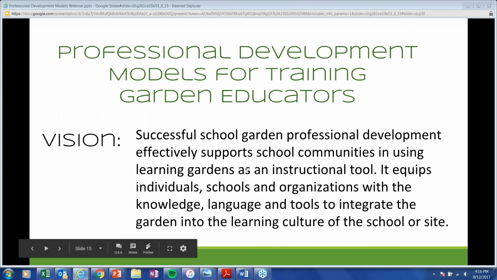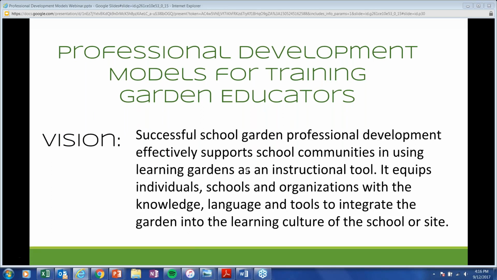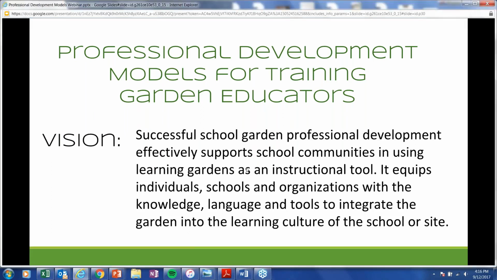So to start the work, I just wanted to frame a little bit about where it came from. I know Stephanie mentioned that in December of last year, we came together for the Leadership Institute, and my cohort was tasked with really looking at all of the different models for training garden educators that are out there, what they are, putting them into buckets, seeing what similarities they had, pros, cons, cost, and before even doing that, saying what's our vision?